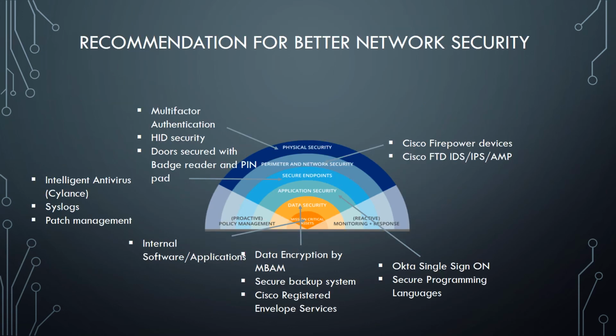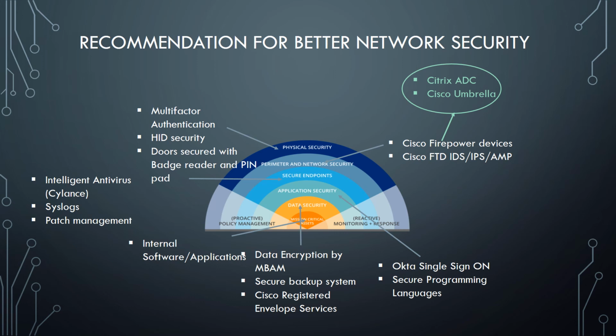Here's my recommendation for better network security and for the betterment of the cybersecurity for my organization. On the perimeter and network security, I would like to have Citrix ADC, which is the application delivery controller and used to be called Citrix NetScalers.